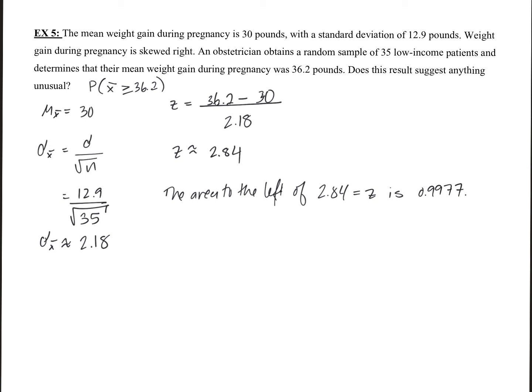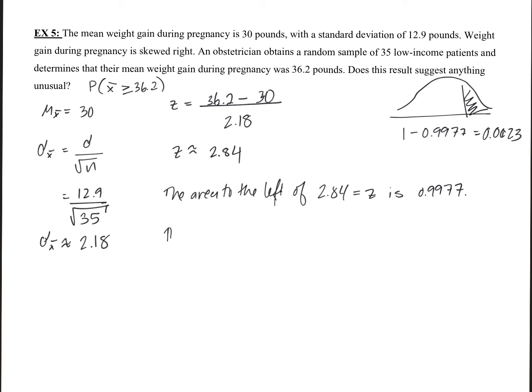But remember, we're looking for the area to the right. We're looking for greater than. So to find that, we're going to do 1 minus 0.9977, and plugging that into the calculator, we get 0.0023.